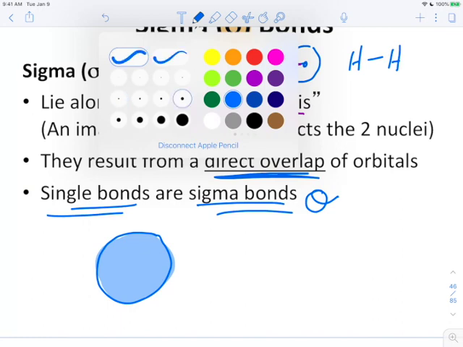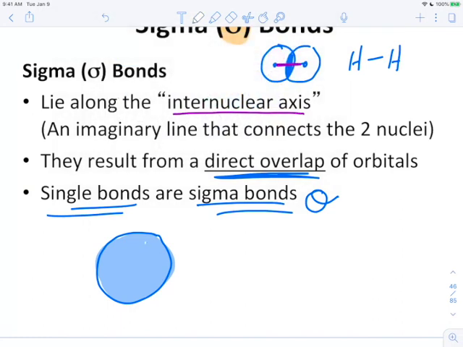I'm going to draw in some nodes as best I can. There we go. All right.